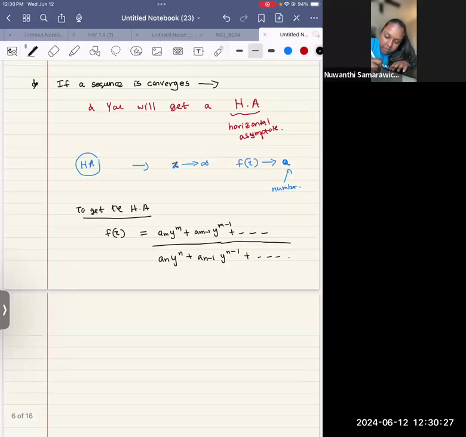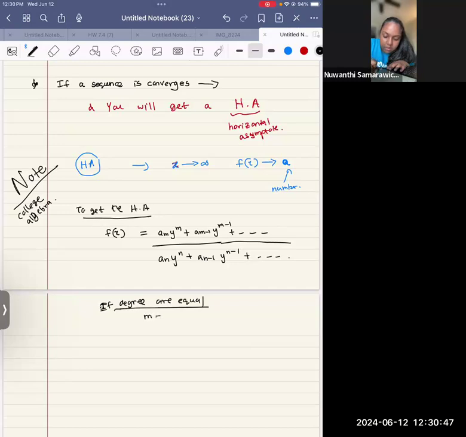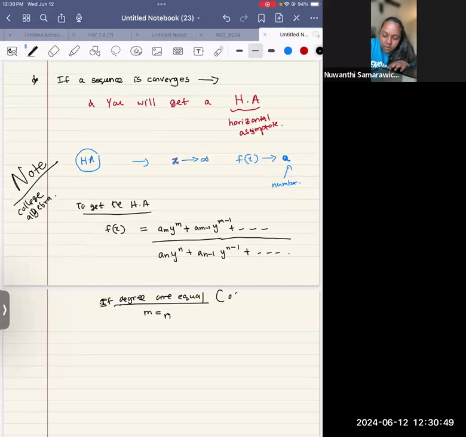This is like a note from college algebra. If the degrees are equal, that is m is equal to n, then your horizontal asymptote is the ratio of leading coefficients, a sub m divided by a sub n.